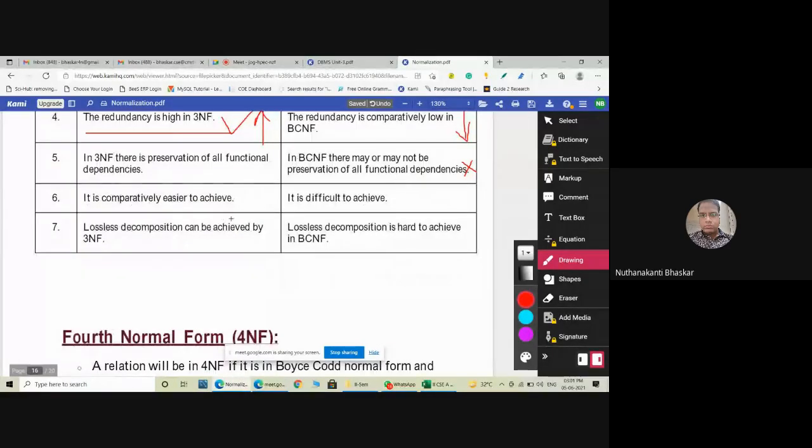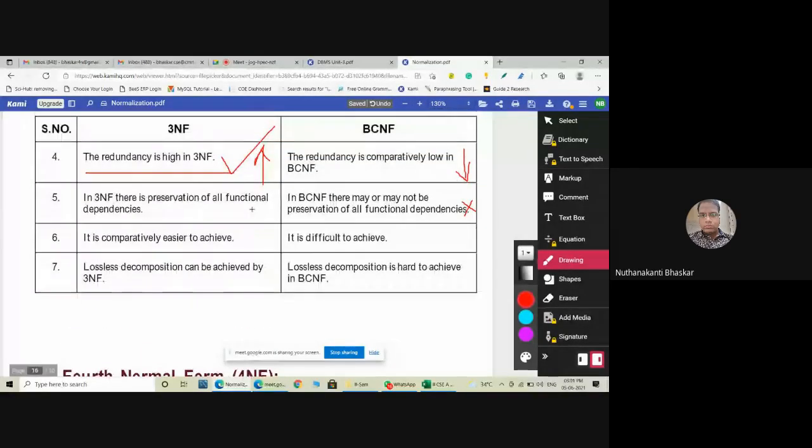Now, third normal form is comparatively easier to achieve, because wherever X determines Y determines Z, we can decompose. This is one relation, this is another relation. Very easy.